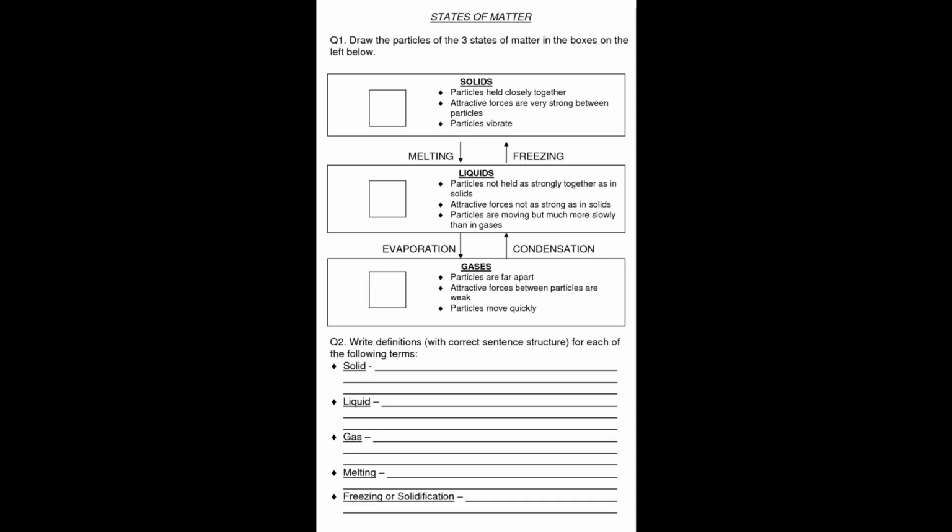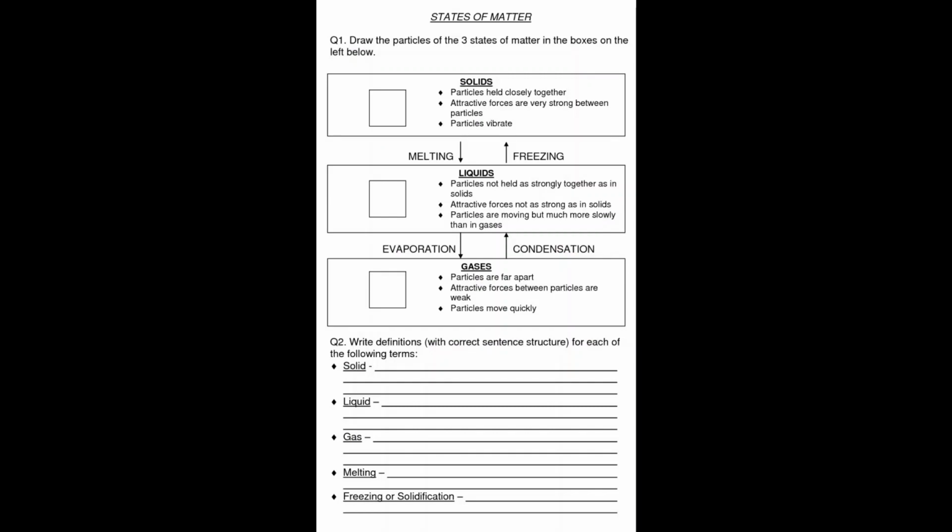So again, if you're interested in doing it ahead of time, you can go ahead and pause the video, take a screenshot, and do it. Or you can write it out as well.